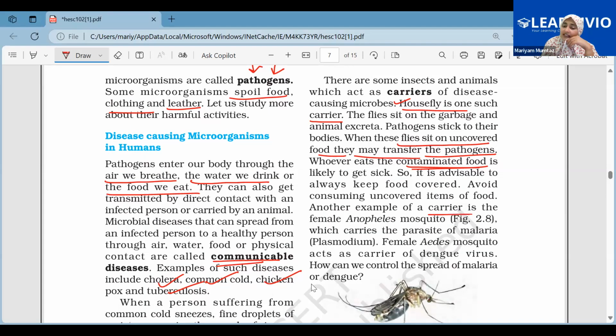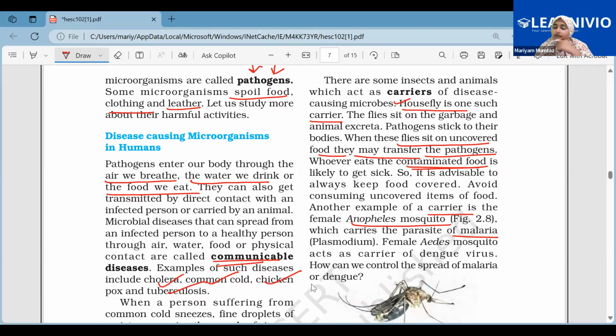Another example of a carrier is the Anopheles mosquito. Now, mostly the mosquitoes because of which we get mosquito borne diseases are female. The mosquitoes that bite us are female. Why? Because it is the female that basically carries the eggs. Clear? Anopheles mosquito is the carrier of which disease? Malaria. And Aedes mosquito is for dengue.